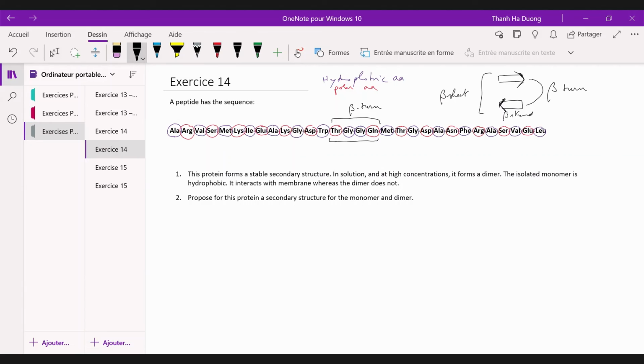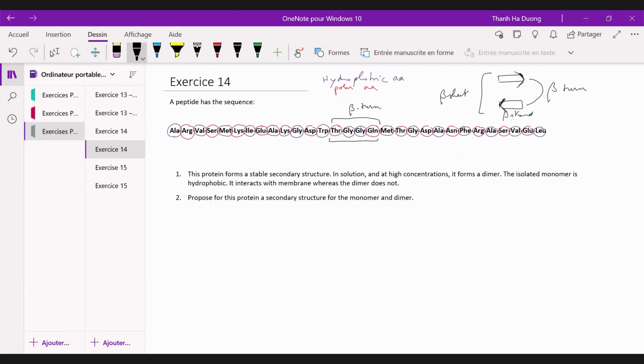And I told you that when you have glycine and proline, usually it's because you have a beta turn. So probably this part of this protein is a beta turn. And you have also alternatively the hydrophobic amino acid and the polar amino acid.